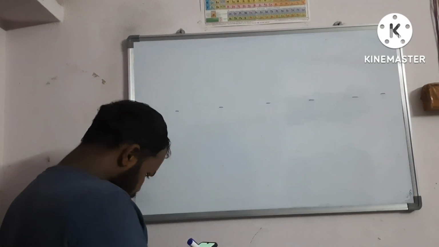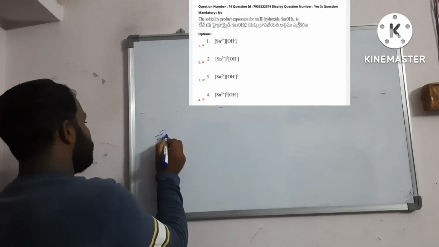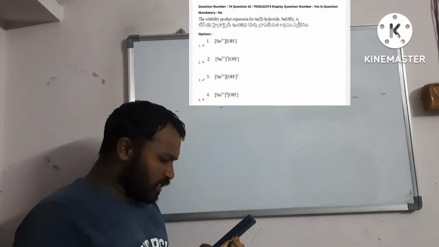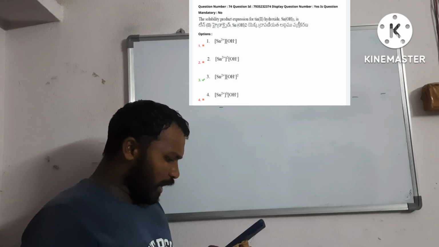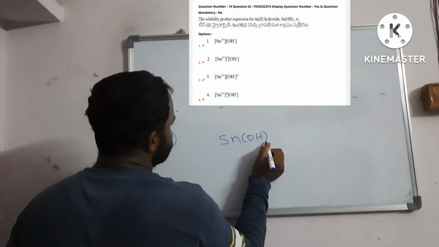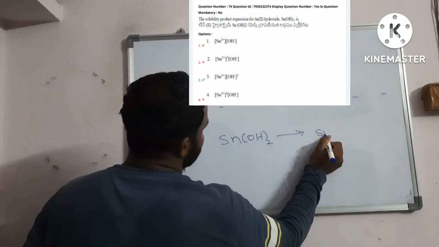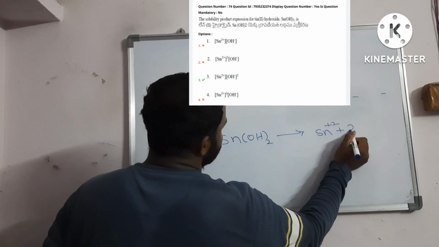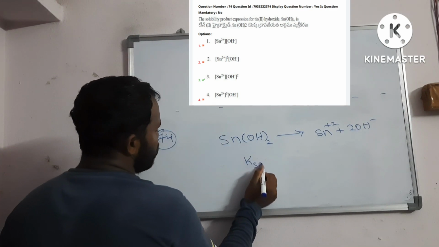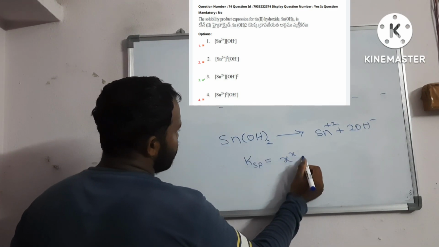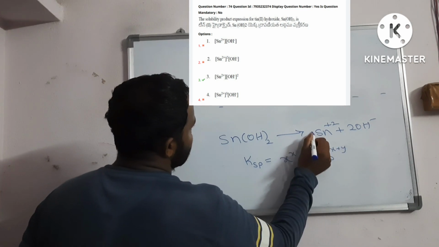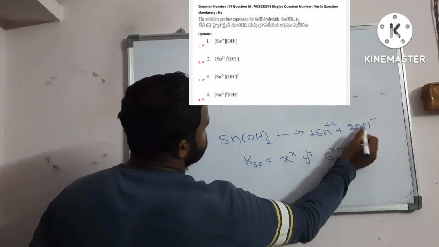Next, question number 74. The solubility product expression for tin 2 hydroxide, Sn(OH)2. Tin hydroxide undergoes dissociation and forms Sn2+ plus 2OH minus. According to our concept, Ksp is equal to x power x, y power y, and s to the power of x plus y, where x is 1 and y is 2.